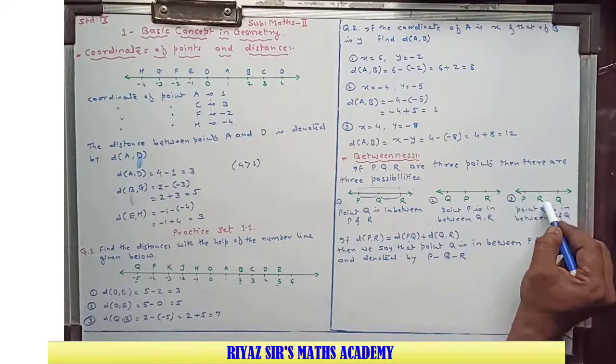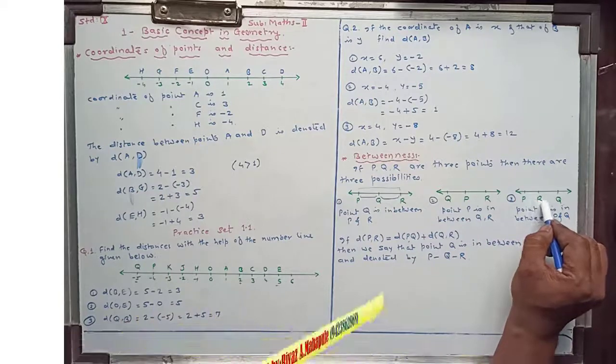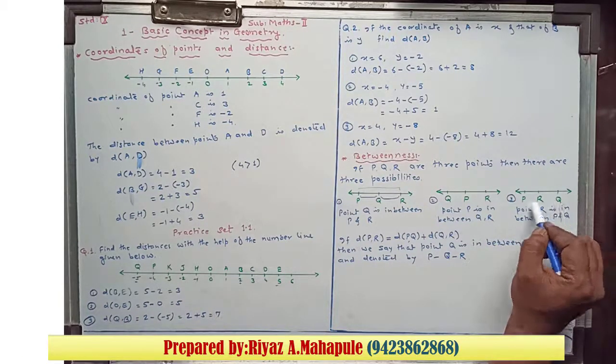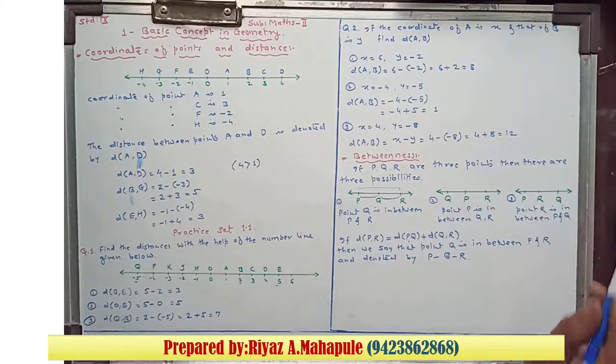Now in this third case, if distance PQ is equal to distance PR plus distance RQ, then we say that this point R is in between P and Q, and we denote it as P-R-Q. So this is the definition of betweenness. And by using this definition we have to solve question number 3.